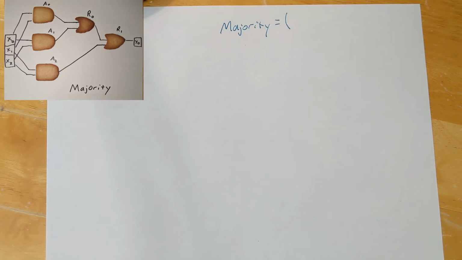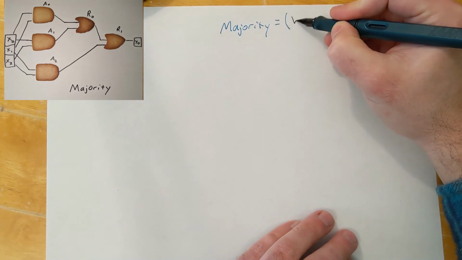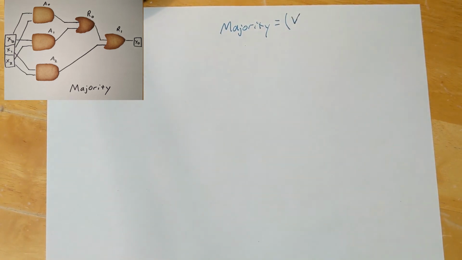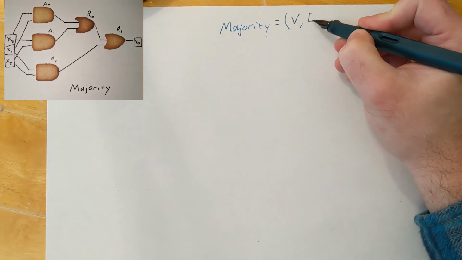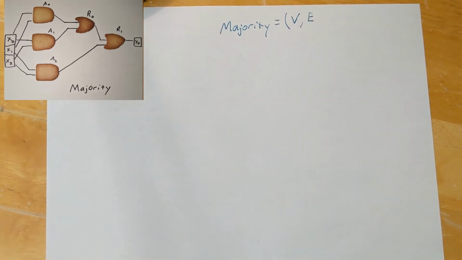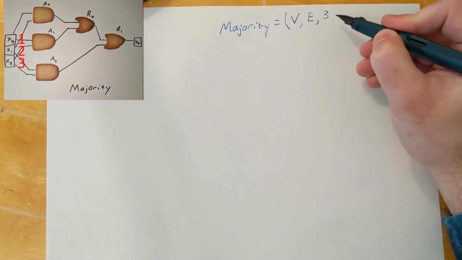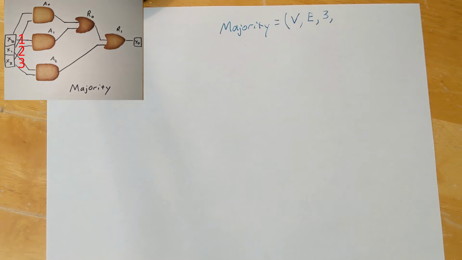To represent our majority circuit, we're going to need to identify each of those 5 components in that 5 tuple that represents a circuit. So we're definitely going to need our set of vertices or nodes. Recall that those contain the gates and the inputs. We're also going to need our set of edges. Those are representing the wires. And then we need the number of input bits. In this case, our majority circuit has 3 input bits, so n is going to be equal to 3.